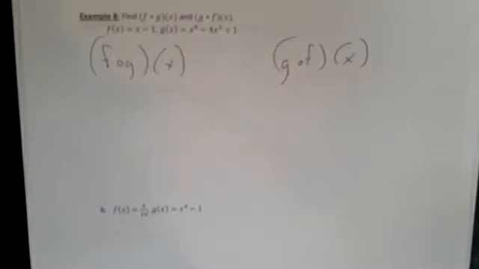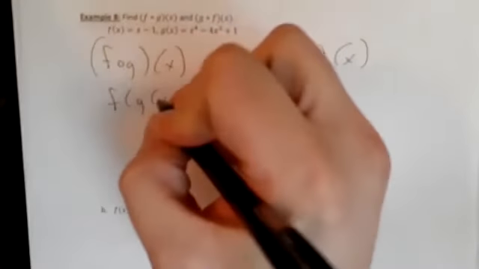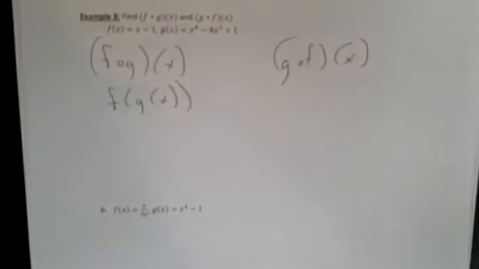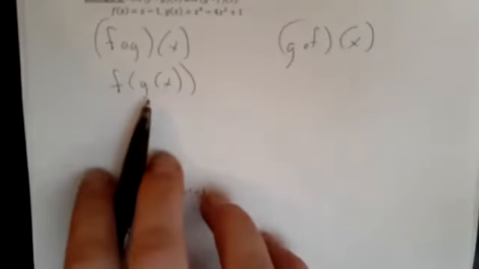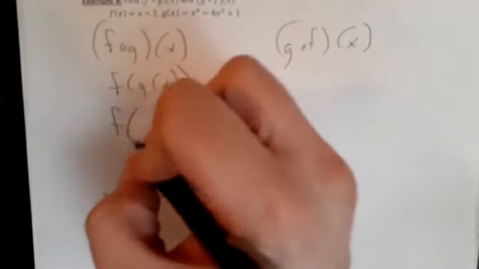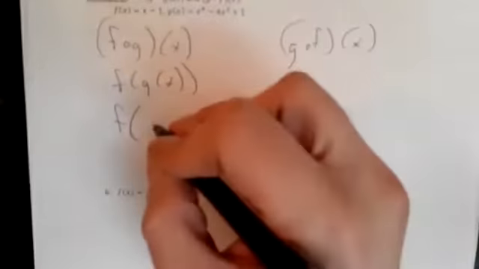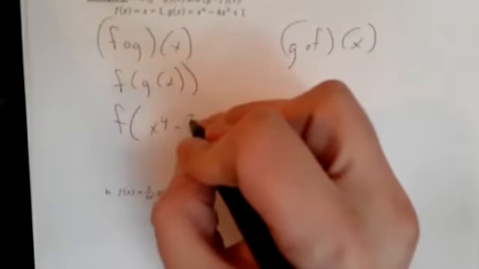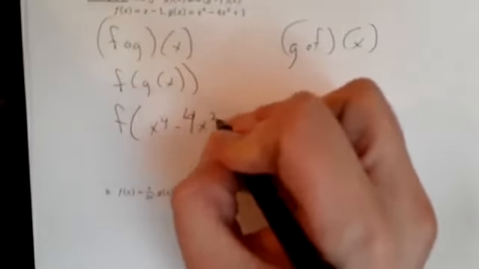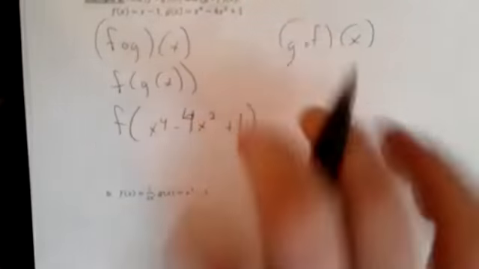Okay. So write out your definitions. f of g of x is f of g of x. And hopefully the first thing you see inside of here is this g of x function. So we're starting inside out. Our g of x looks like x to the fourth minus 4x squared plus 1.